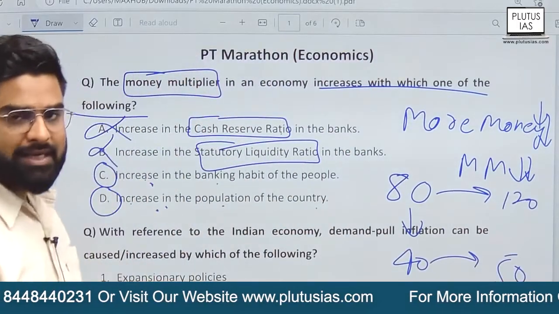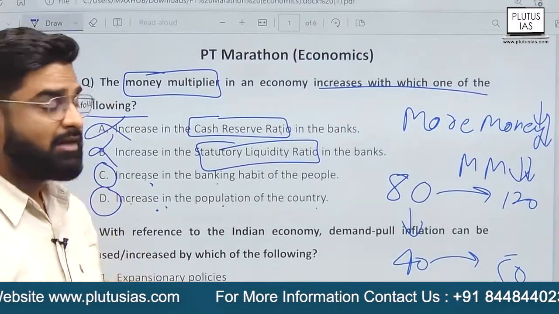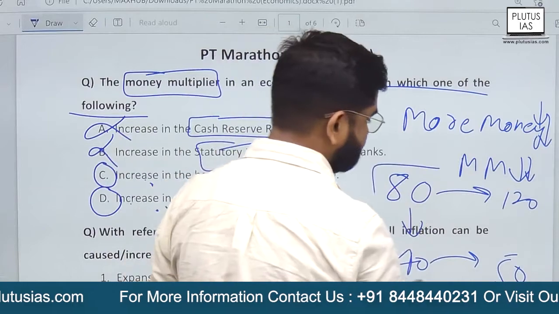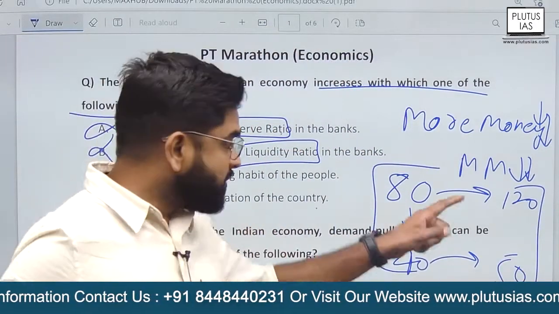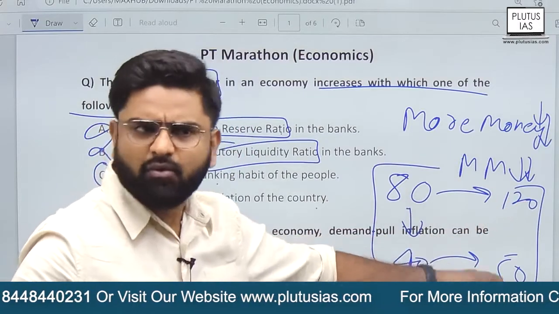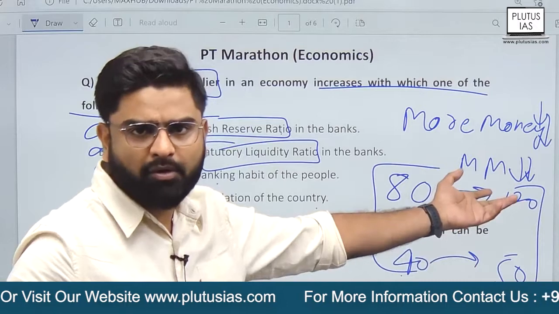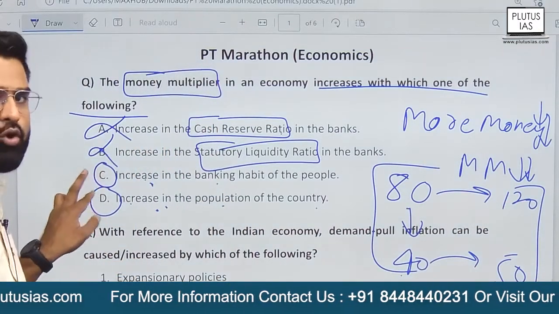So it appears there is an increase in people trying to get loans and MM will increase, but there is no certainty. It is not certain that if population increases from 80 to 120, then this will increase from 40 to 50. No guarantee. Maybe all the people who are born next are not in the banking system. So both statements could be right.